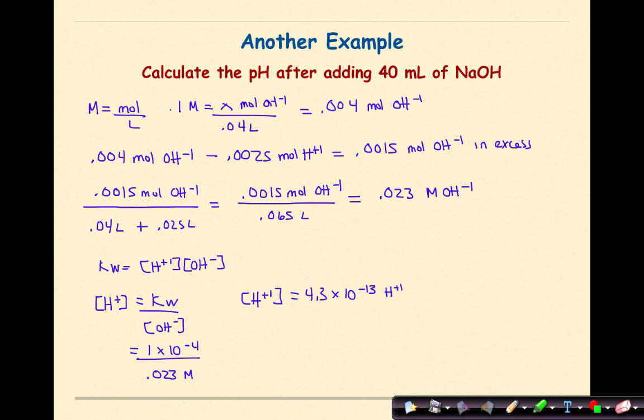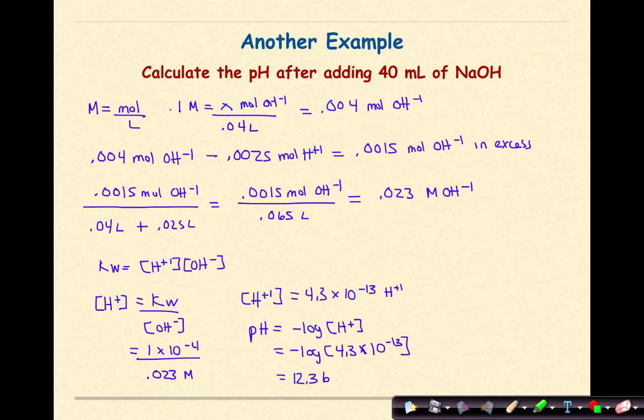And finally, we can calculate pH. pH is equal to the negative log of our hydrogen ion concentration. We can plug that in and finally solve for our pH, which will be 12.36.